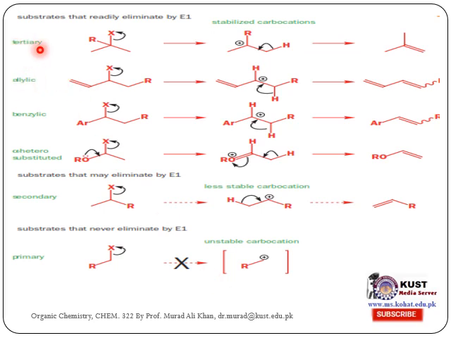Like here, the tertiary one, the carbocation was quite stable, in allylic also, benzylic also, and in the ethereal also. But in secondary, there are chances depending upon the presence of other groups. But primary will never undergo E1 elimination reaction. The reason is that the carbocation is very unstable.